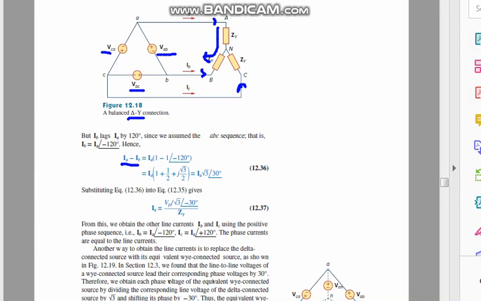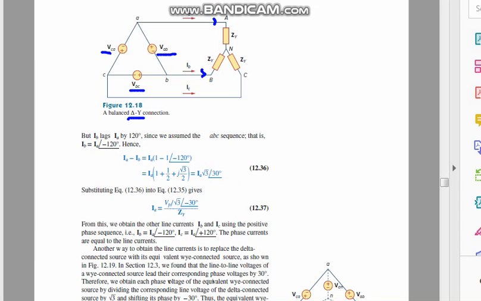Okay, there are two currents, IA and IB. There are two incoming currents and one outgoing current in two phases. That means IA minus IB. Then you find the difference between two currents in every sequence will be this. That leads by 30 degrees, and that is root 3 times the line current.